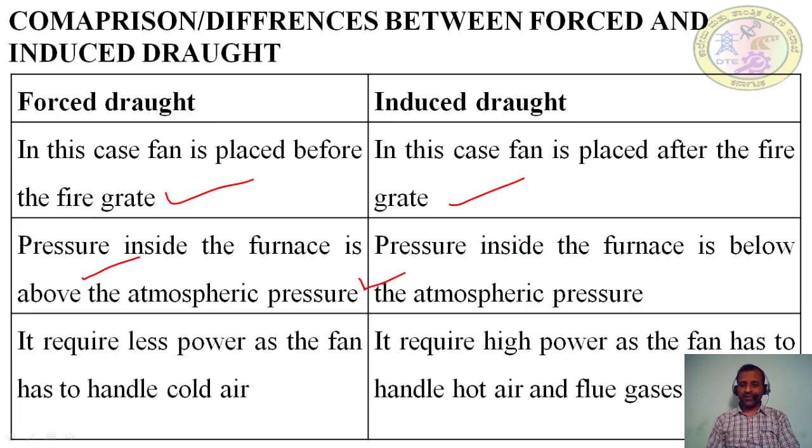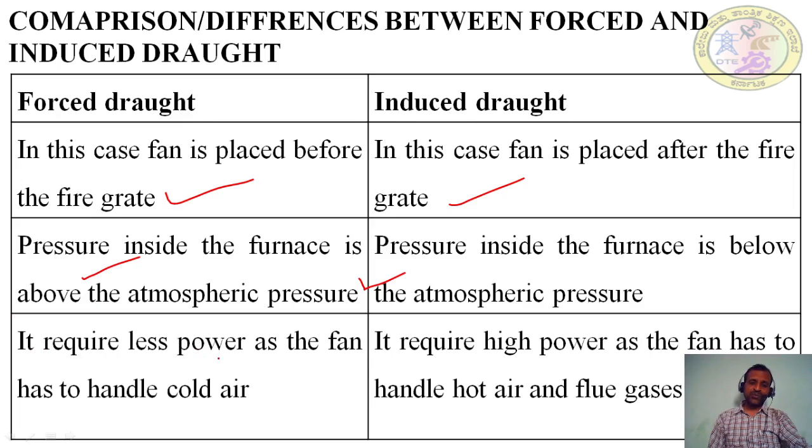In induced drought, the pressure inside the furnace is below atmospheric pressure because the burning of the fuel takes place naturally, and once it reaches the chimney, at that point you have placed the blower. From that place onwards the pressure is above the atmospheric pressure, right? So that is one more difference between the forced drought and the induced drought.